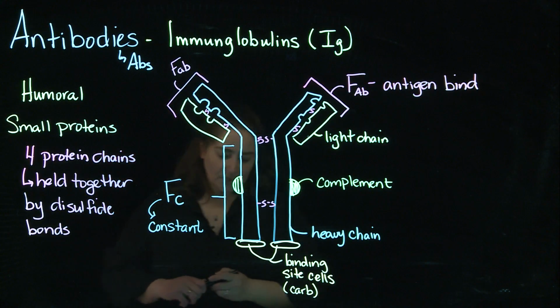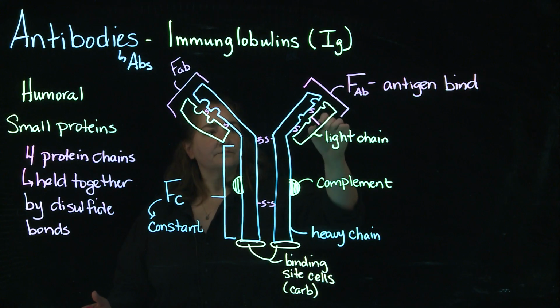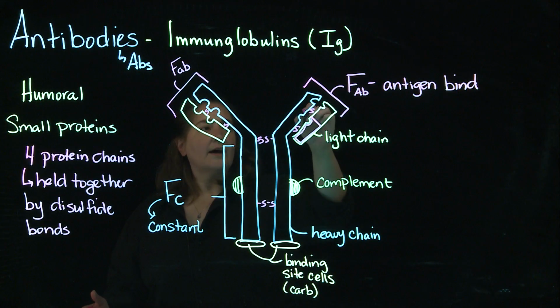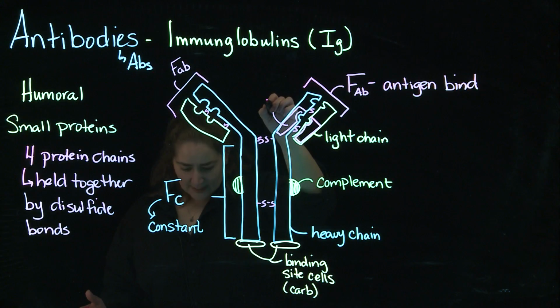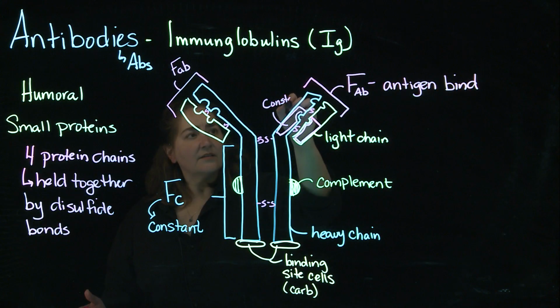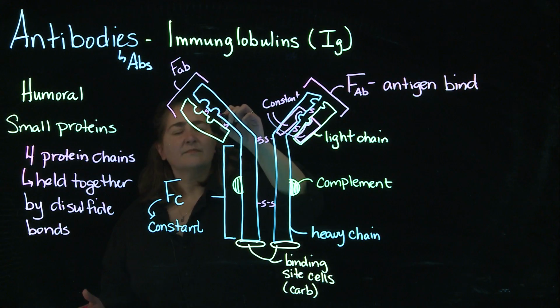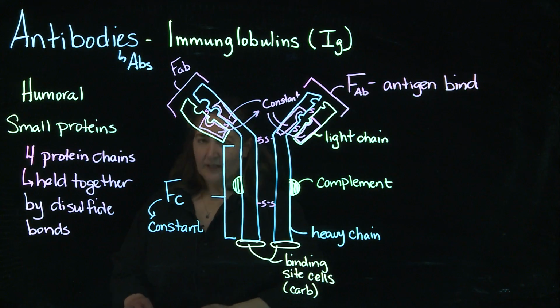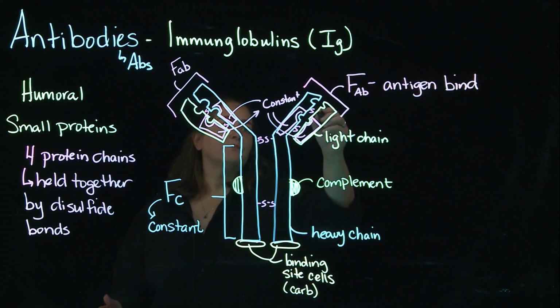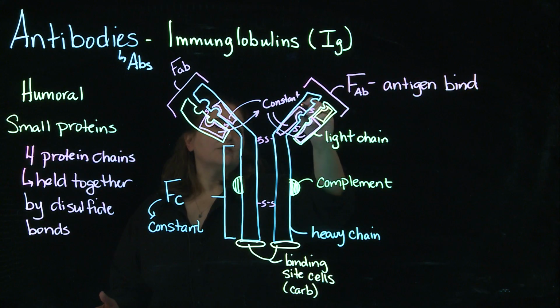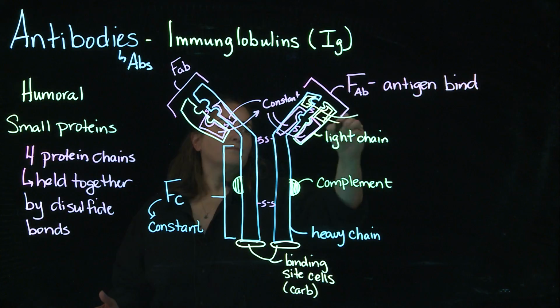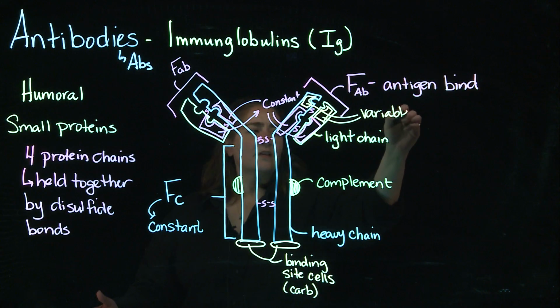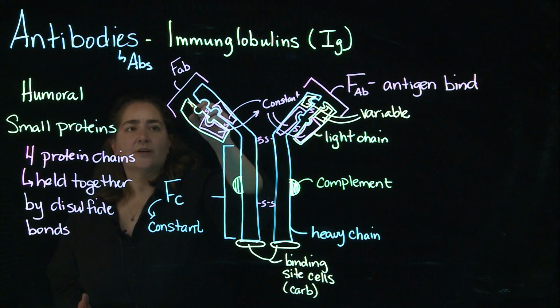In our antibodies, you are going to have some constant regions, like those, and then I can use orange for the outermost regions, which are referred to as the variable regions in our antibody.